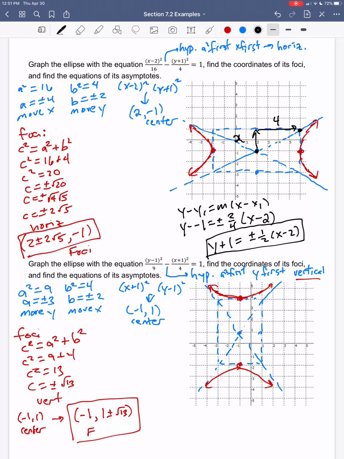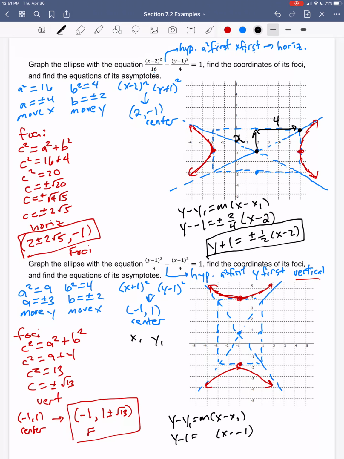To find the asymptotes, we start with point slope form. y minus y1 equals m times x minus x1. Remember here, this is where my x1 and my y1 are going to come from. So y minus 1, x minus negative 1.